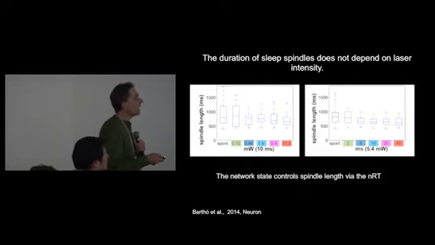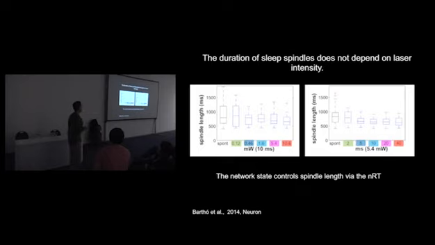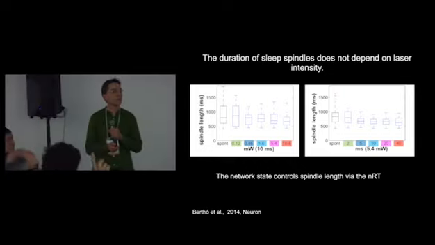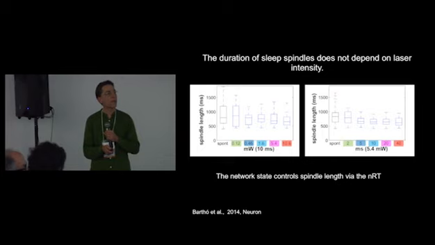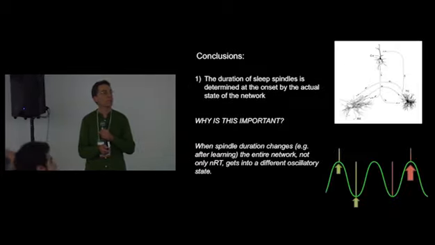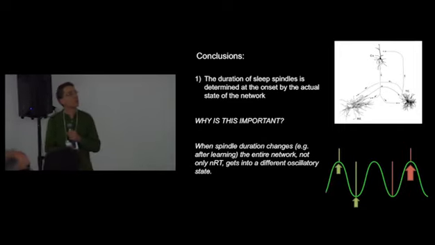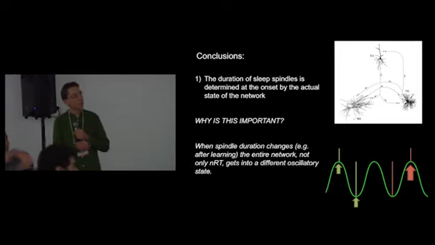So the overall conclusion: it's not the NRT cells alone which determine the duration of the spindles, but apparently the entire network's oscillation, and the laser light here simply kicks in spindle activity, and this is how we generate spindles. So indeed, the duration of the spindles is determined at the onset by the actual state of the network.